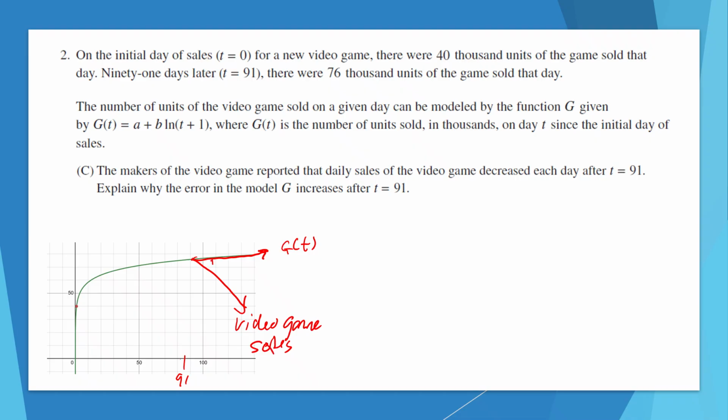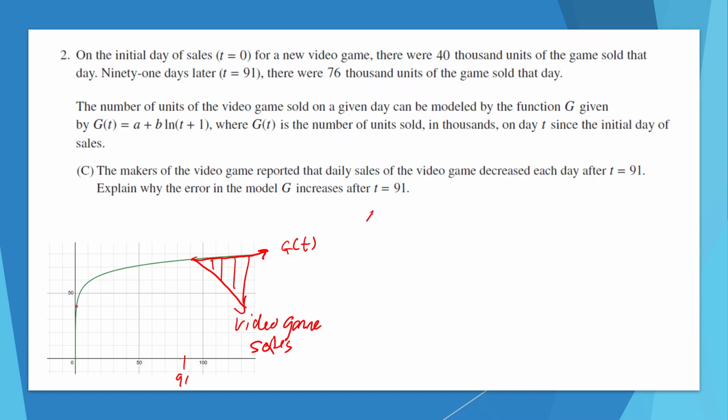Well, the error is how far off were we from our prediction. And so obviously, if we're predicting that it's going up, but what actually is happening is the number of video game sales is actually going down, then obviously those are going in two different directions, and the gap, or how far off we were, or how wrong were we, is getting bigger and bigger and bigger, and we're making more of an error each and every day. So we want to explain this.